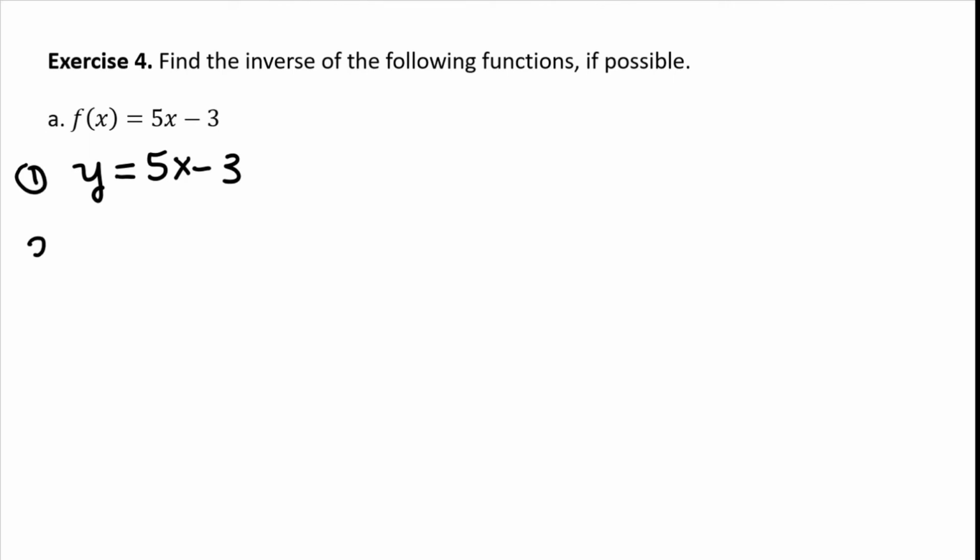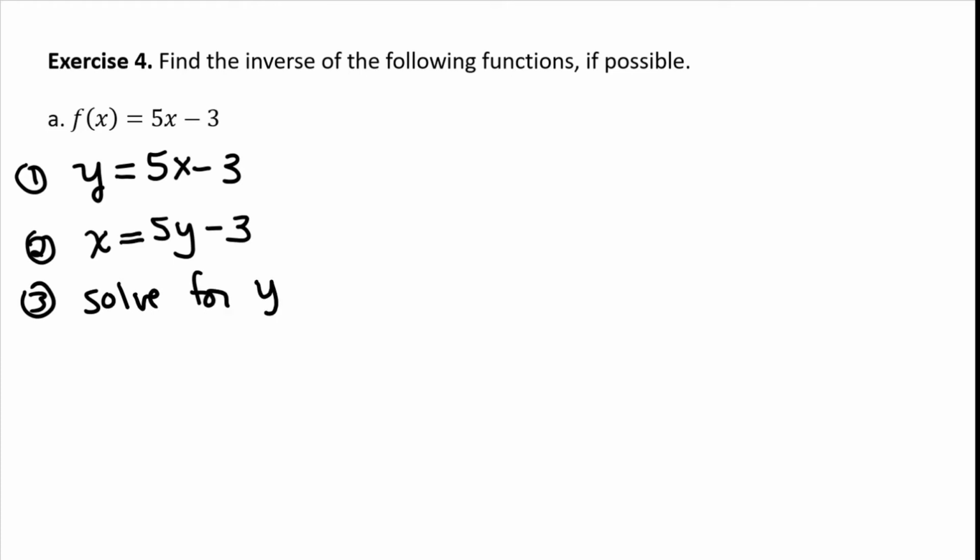My second step is to interchange x and y. So x is now equal to 5y minus 3. Next step is to solve for y. So adding 3 to both sides, x plus 3 equals 5y. And then divide by 5 on both sides.